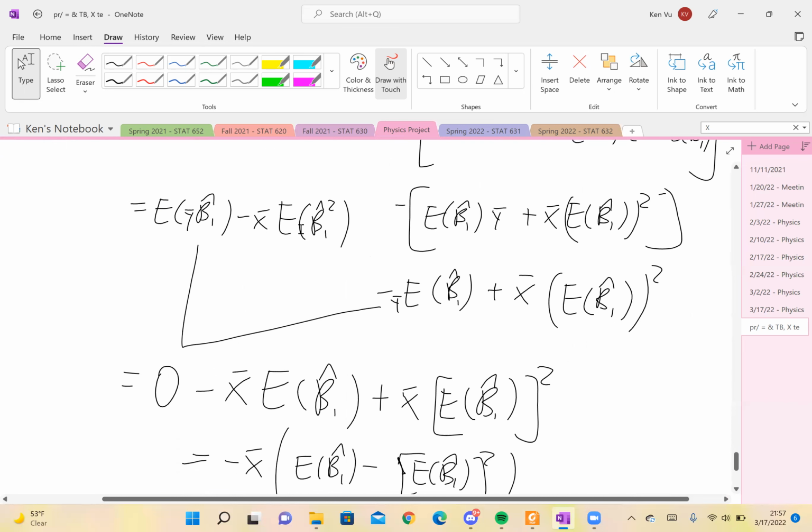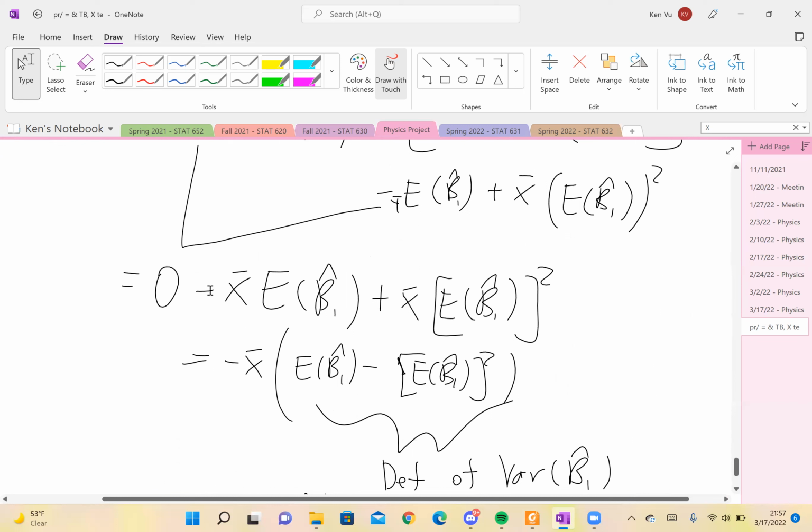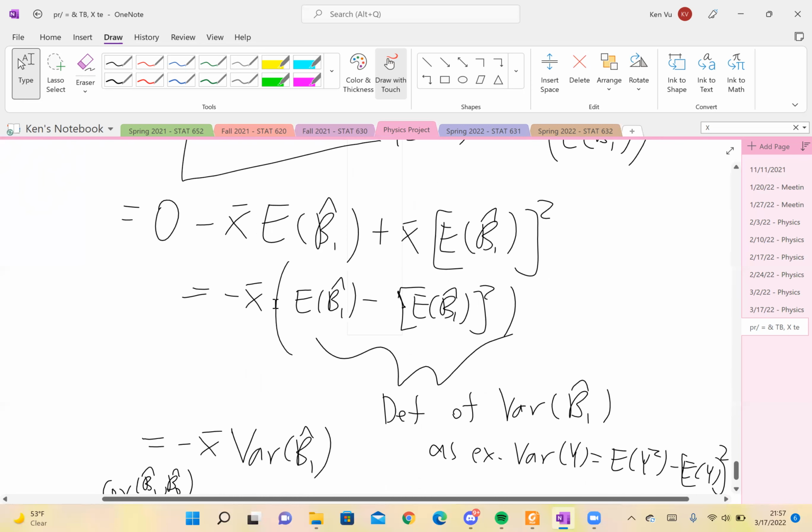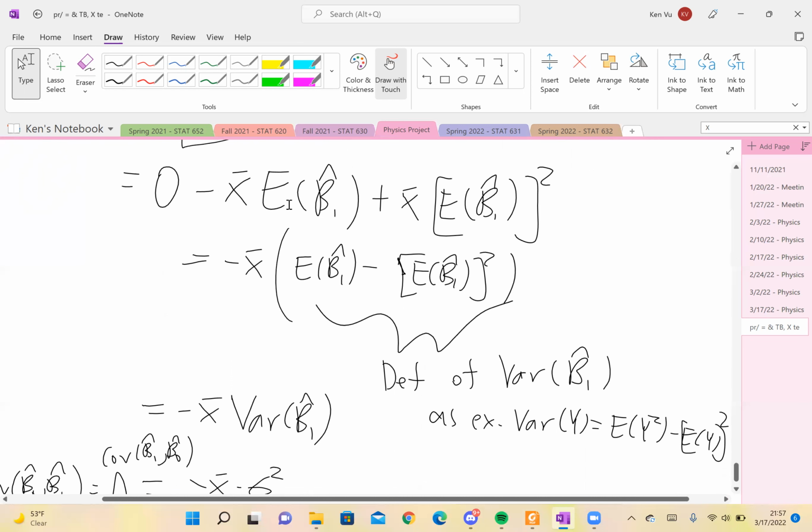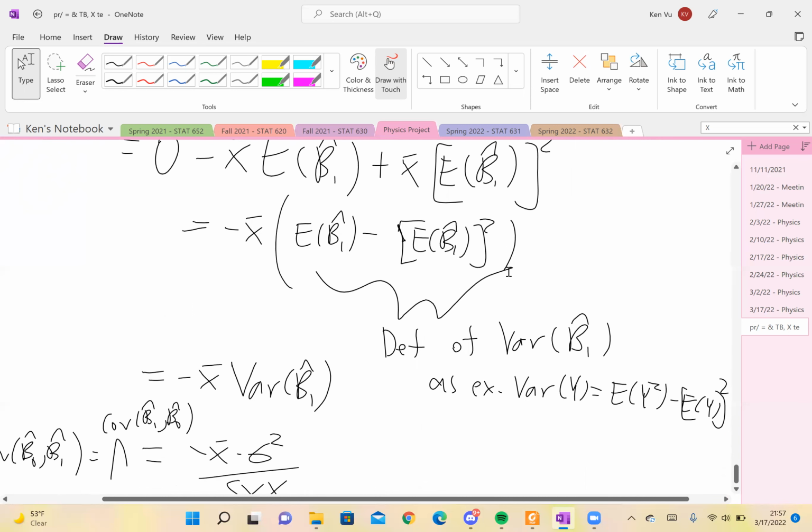Once you bring down all these terms, you will get minus x bar times the expectation of beta 1 hat squared plus x bar times the square of the expectation of beta 1 hat. Now, if you factor out the negative x bar, you get the expectation of beta 1 hat squared minus the square of the expectation of beta 1 hat.